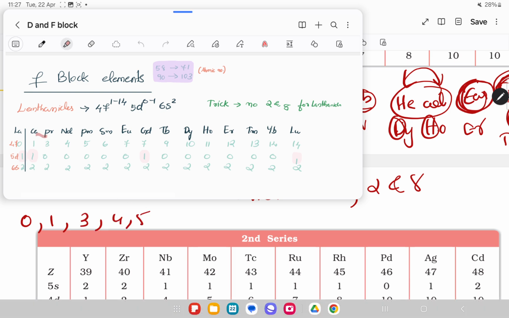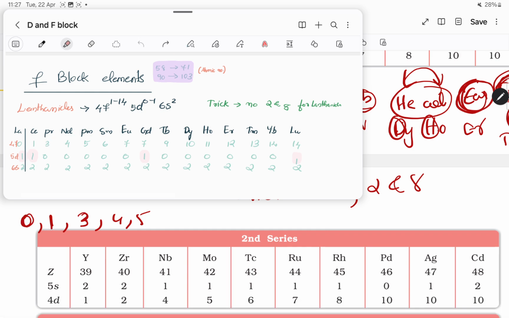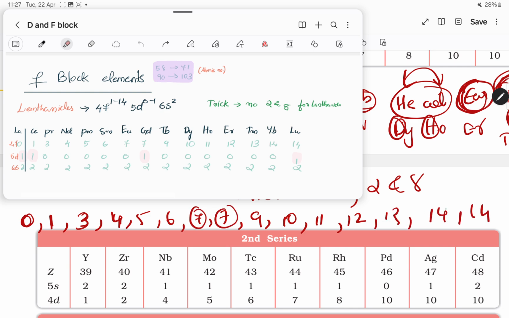Okay, so 0, 1, 3, 4, there is no 2 and 8. 4, 5, 6, and when you are writing 7 you repeat it 2 times. There is no 8, so 9, 10, 11, 12, 13, 14, and 14 you also repeat 2 times.